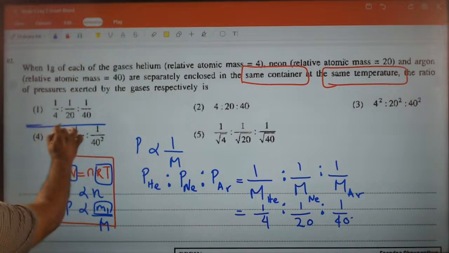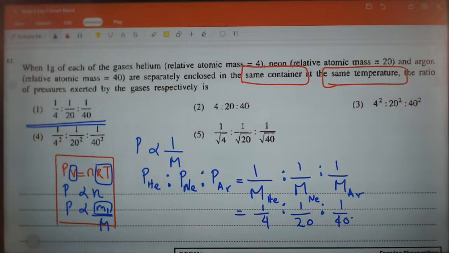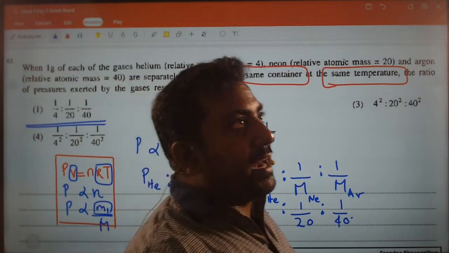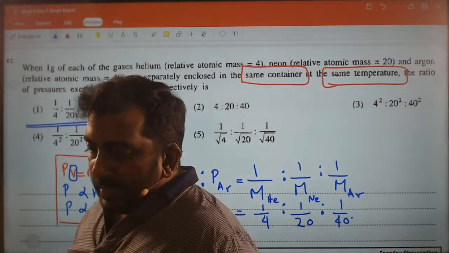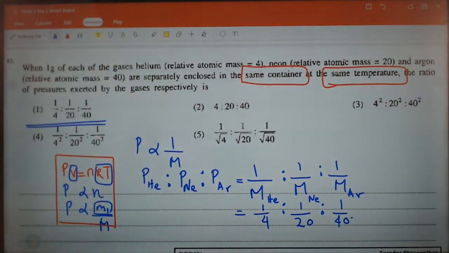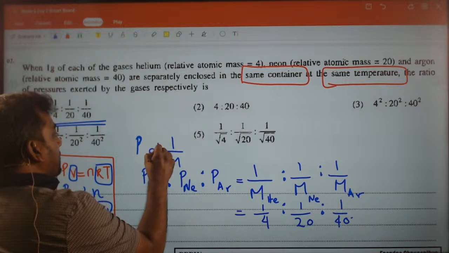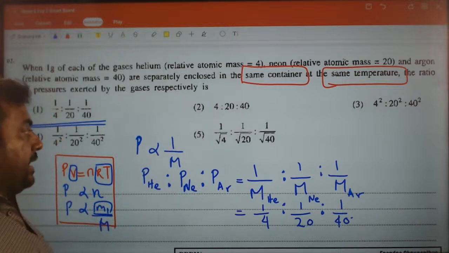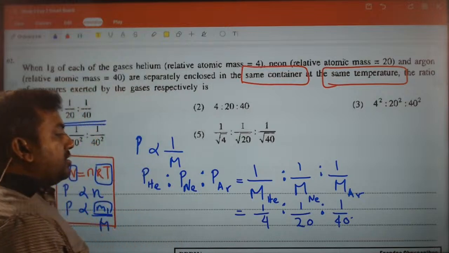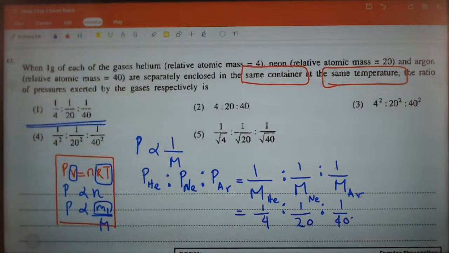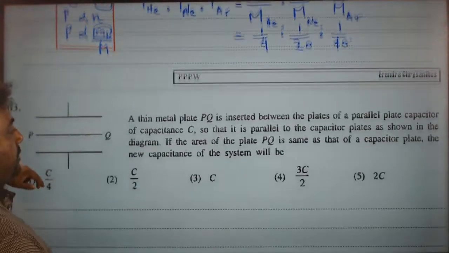Correct answer is answer number 1. Since it is the same container with the same mass, we can say that the pressure is inversely proportional to the molar mass. Okay?